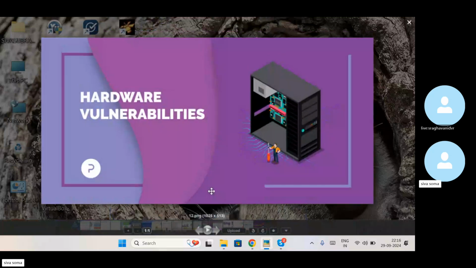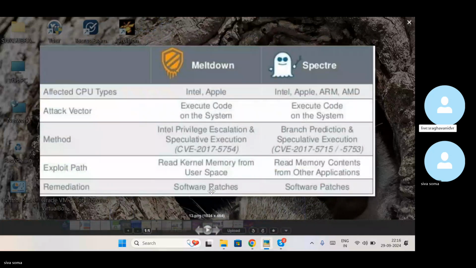We are going to talk about hardware vulnerabilities. These are two vulnerabilities that affected much: Meltdown and Spectre. They affect memory and CPU, though here they have mentioned only the CPU.